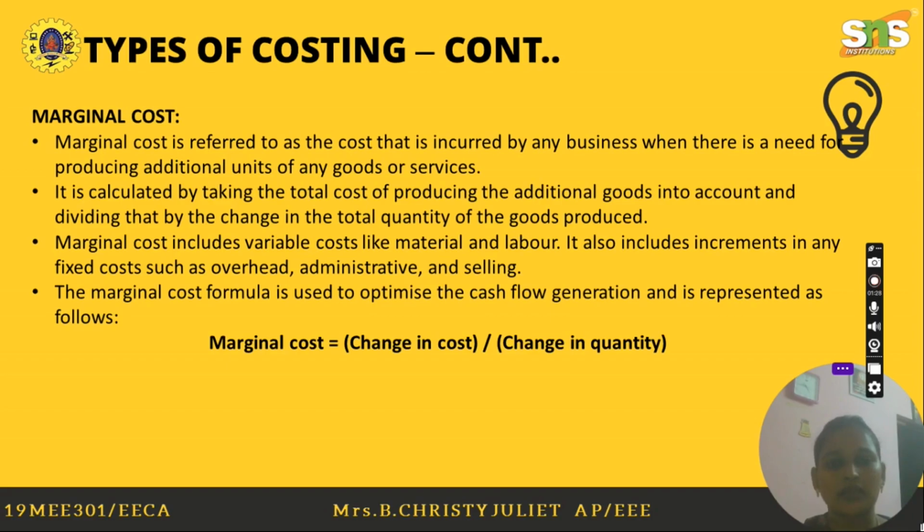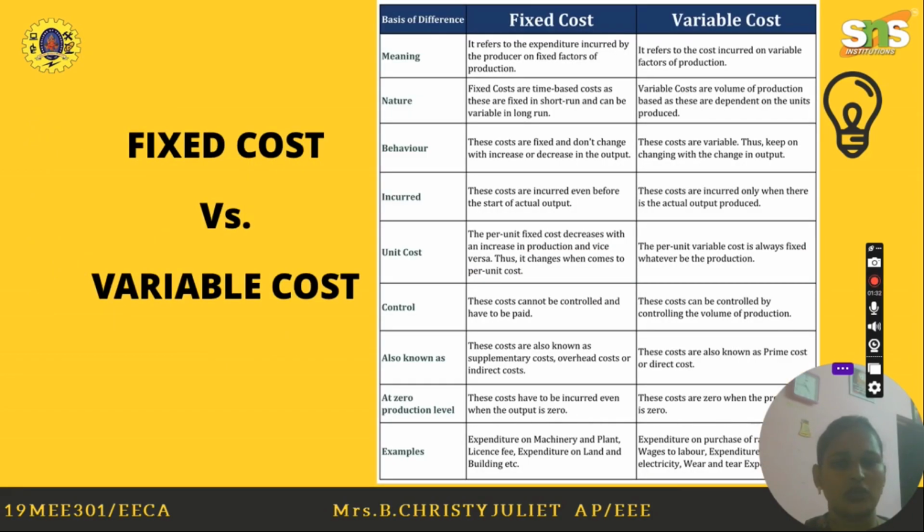There are certain differences between fixed cost and variable cost as well, which we have already discussed. In general, fixed costs are constant and variable costs vary with respect to time. Fixed costs are incurred at the start of the actual output, but variable cost is incurred only when there is an actual output produced.